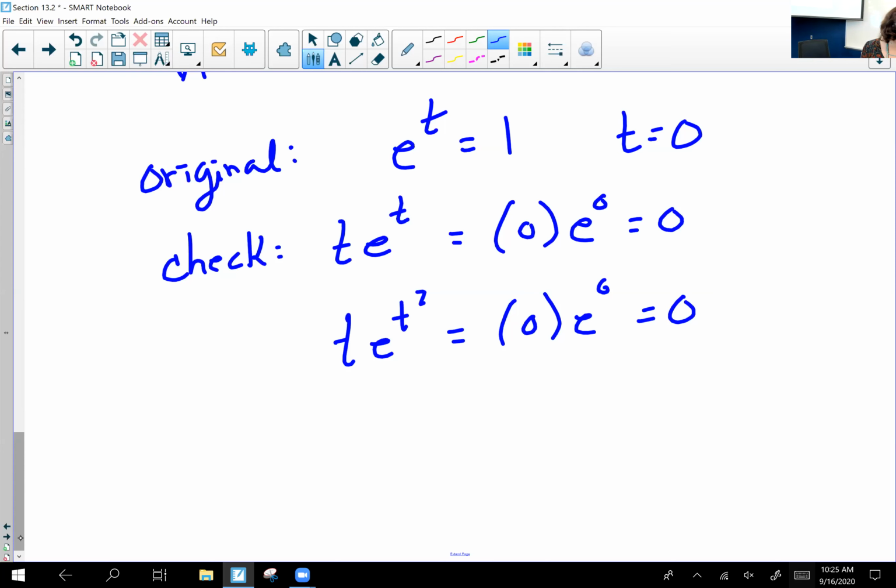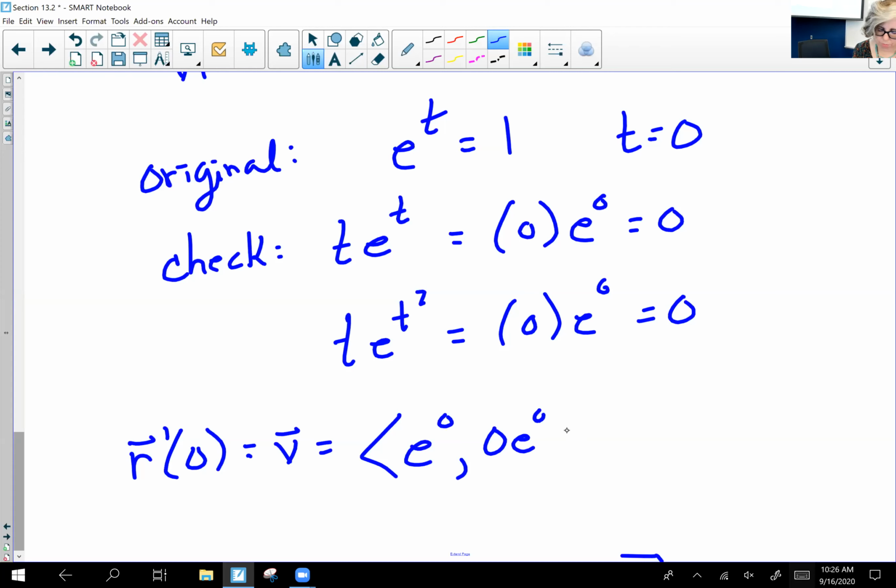Okay, so at this point, I know t is 0, so in order to find that v, I need to put 0 into the derivative. So that's going to give me e to the 0 times 0 plus e to the 0, and then e to the 0 squared times 2 times 0 plus 1.